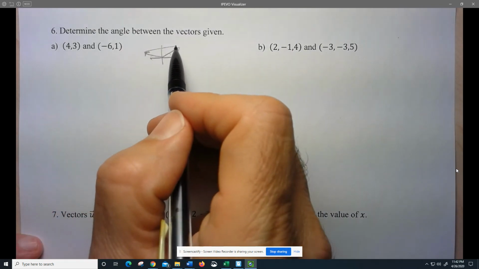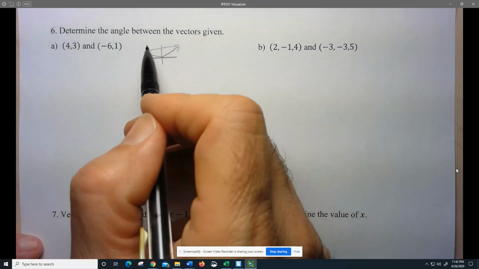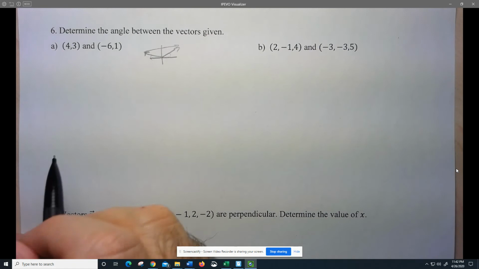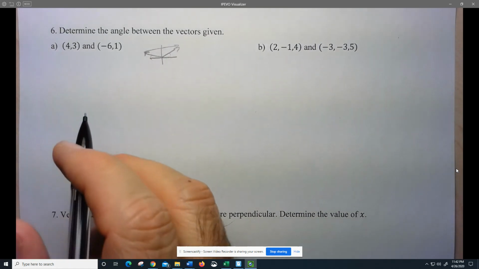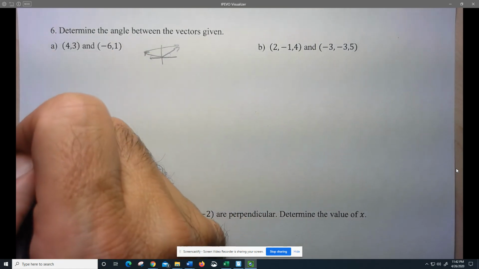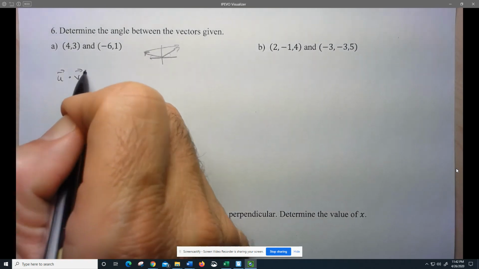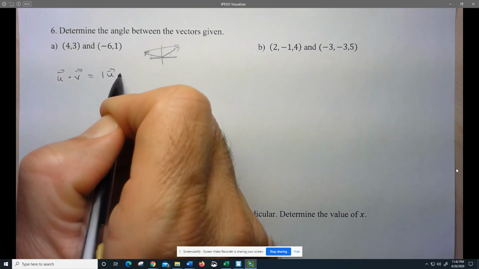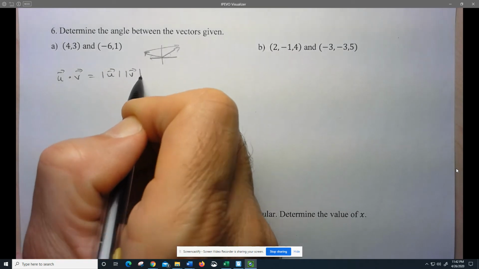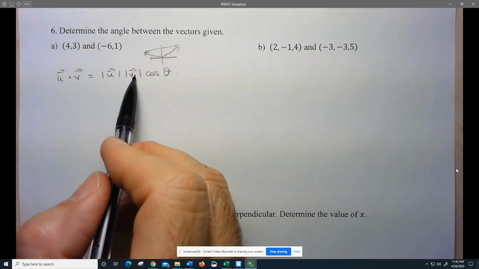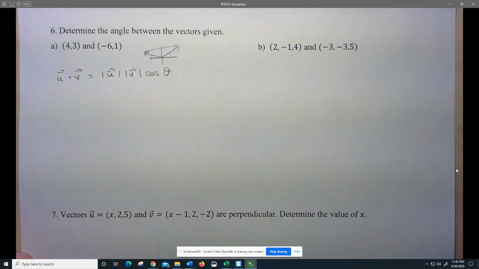I could connect the tips, use a subtraction, and I guess use maybe a cosine law, both of which would take a fair bit of time. But now, if I use the dot product, it's going to take very little time, because I know that u dot v is equal to the magnitude of u times the magnitude of v times the cosine of the angle between them, and I can calculate everything other than theta very easily.